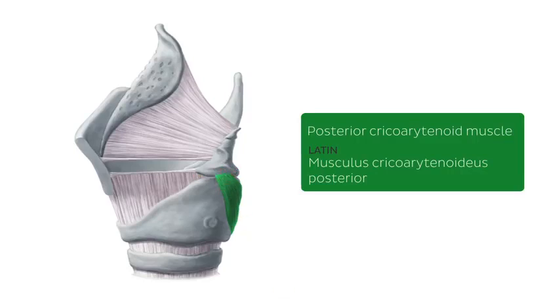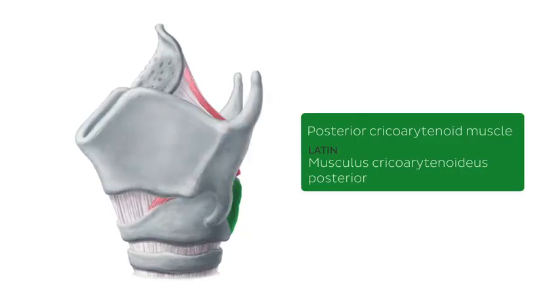Now, an important point that I need to add about the posterior cricoarytenoid muscle is that this muscle is responsible for opening an important structure within the larynx known as the rima glottidis. This is a space, or an opening, that you find between the vocal cords and also the arytenoid cartilages.